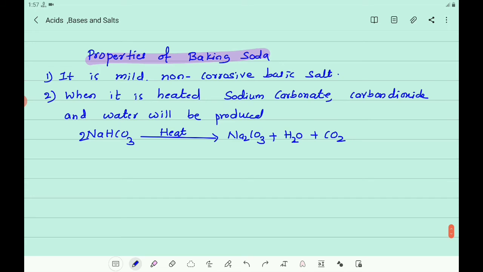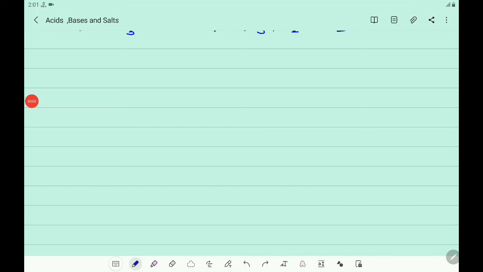Now let us discuss the uses of baking soda, that is uses of sodium hydrogen carbonate. You know that the first use is in making baking powder. What is baking powder?